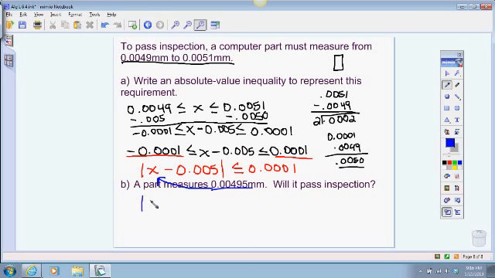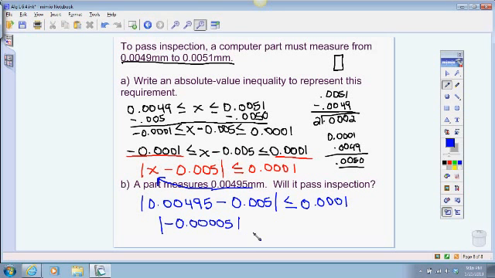We ask ourselves: if I take the absolute value of 0.00495 minus the halfway point, 0.005, is that less than or equal to our margin of error? When you subtract 0.00495 minus 0.005, you get negative 0.00005.